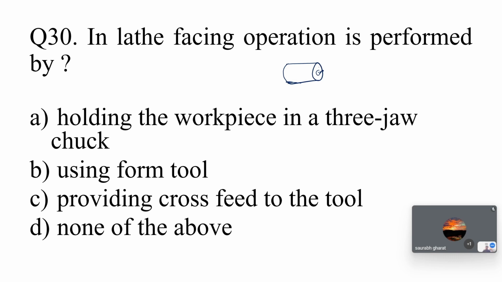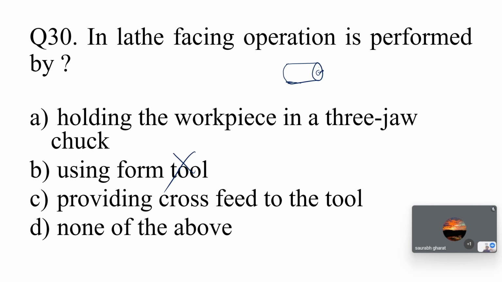The facing can be done by form tools? It is for cutting parts you can use, but that is wrong. It is not correct. Simply holding the piece in a three jaw chuck: the chuck is just used to transfer the power so that it rotates our shaft. That is the concept of your chuck. A three jaw chuck or four jaw chuck is just to rotate the machine and provide a cutting velocity to the shaft. There is no concept of facing operation there.